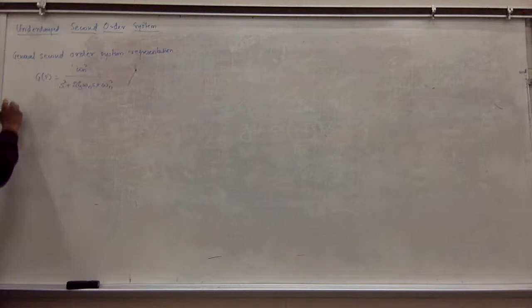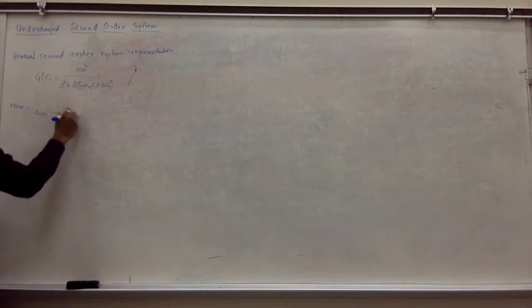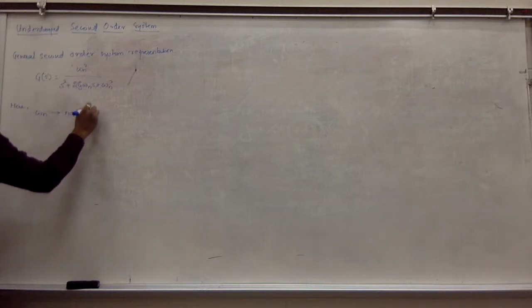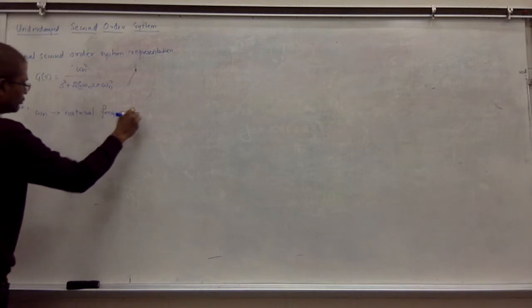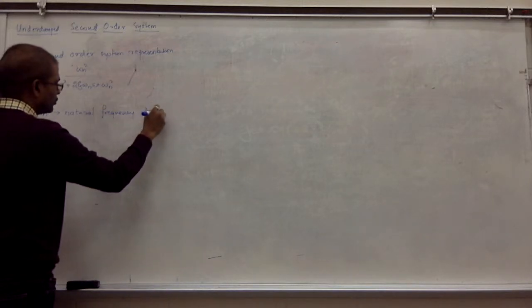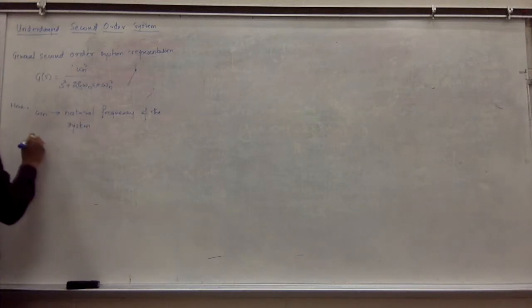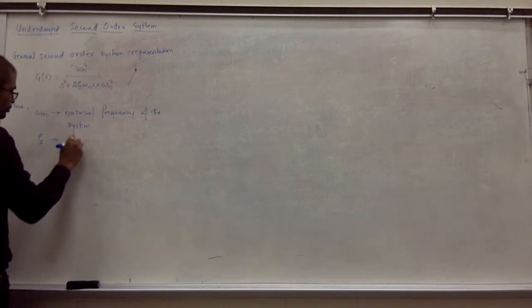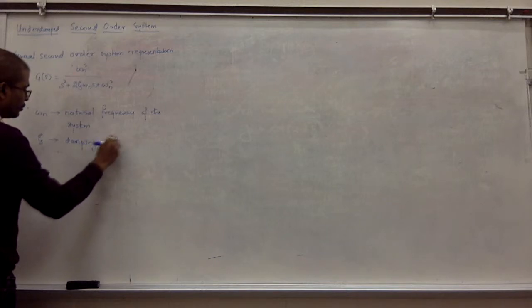Okay. Here we know omega n is the natural frequency of the system, and zeta is the damping.